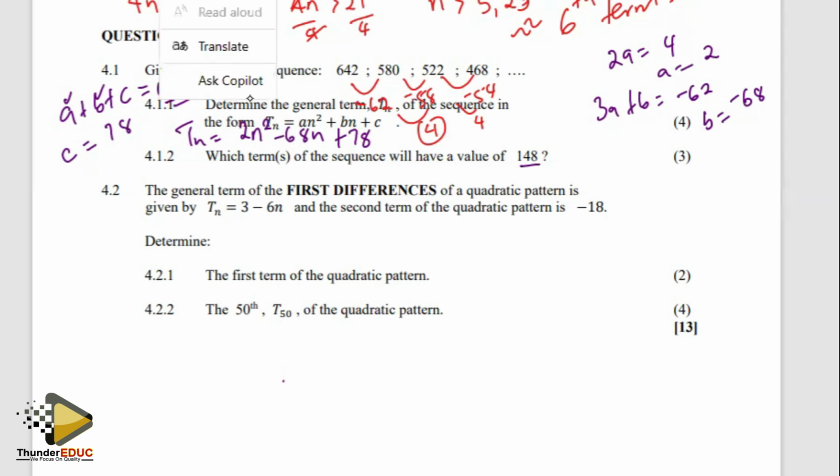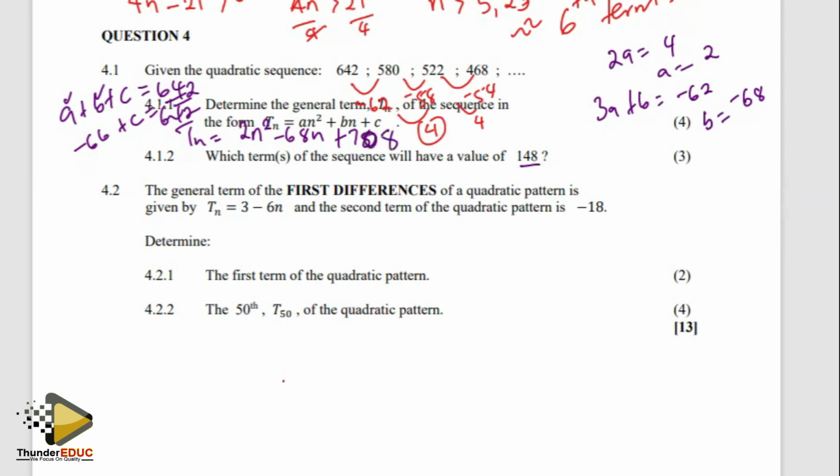Okay. So we're saying negative 68 and the 2, that's going to be negative 66. 642 plus 66, that's giving me 708. So the C is 708.